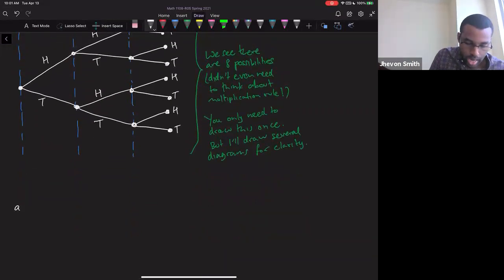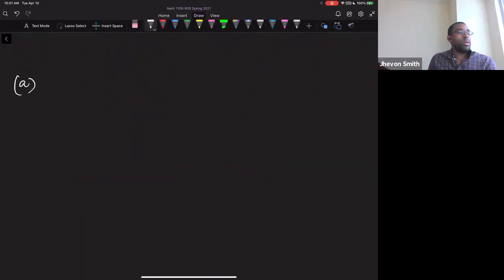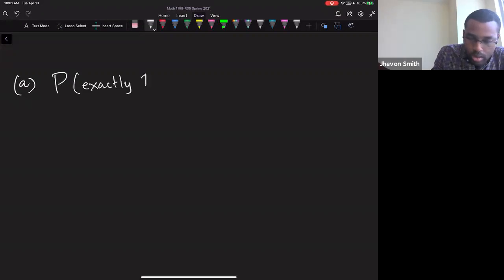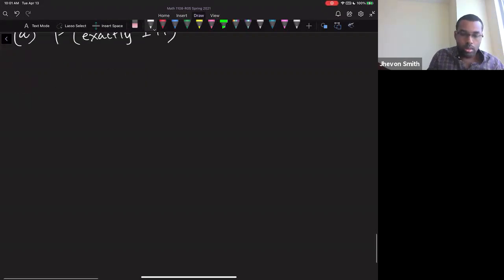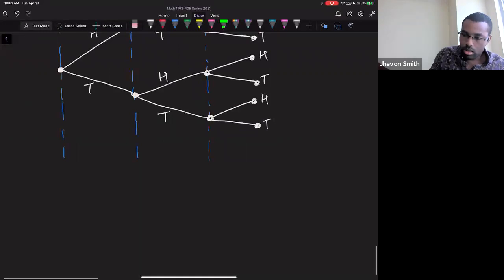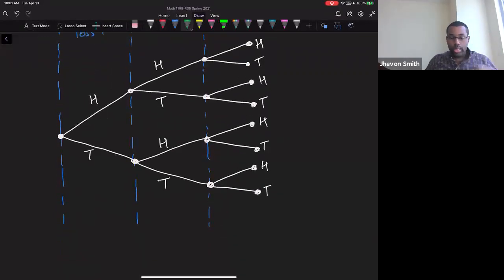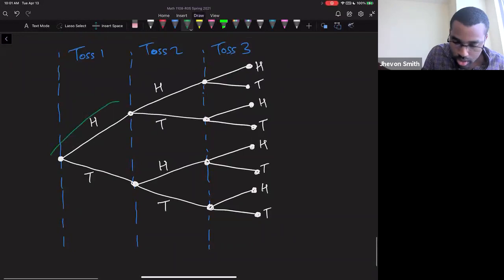So A, the first question we had is, we want the probability of exactly one head. We can realize that you can literally just count the number of ways to get one head. So I can get a head at first, but then I have to pick 2 tails after.